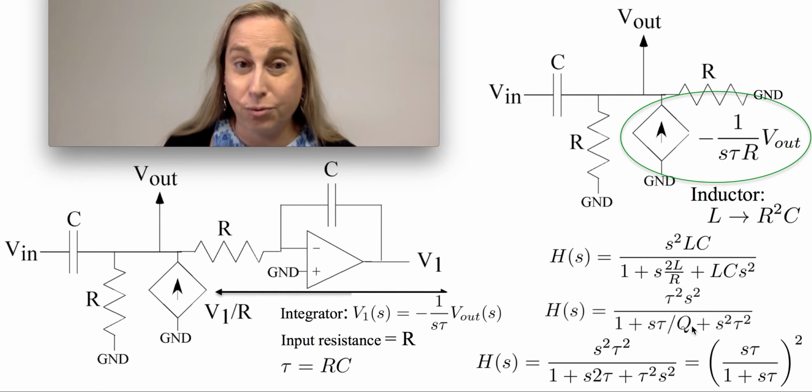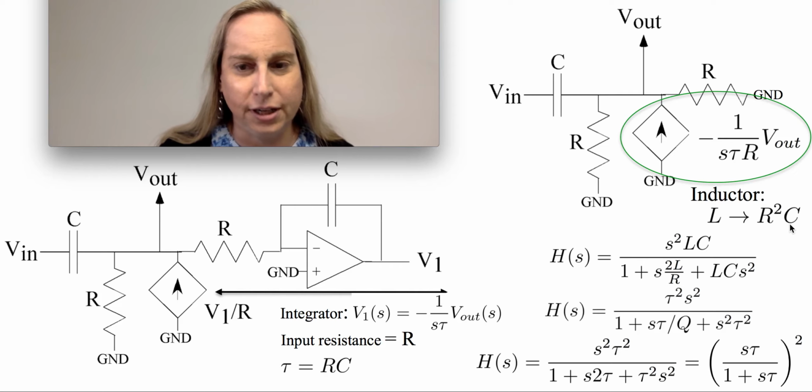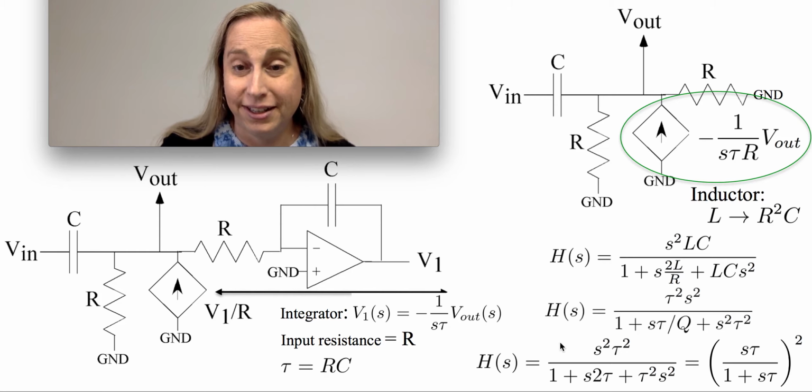You think that's great, except one interesting piece happens. You're like, but wait, I know more than that. I know what the L is. I know it's R squared C. So if I start substituting that back in for the L's here, I keep tau as RC like I did before.